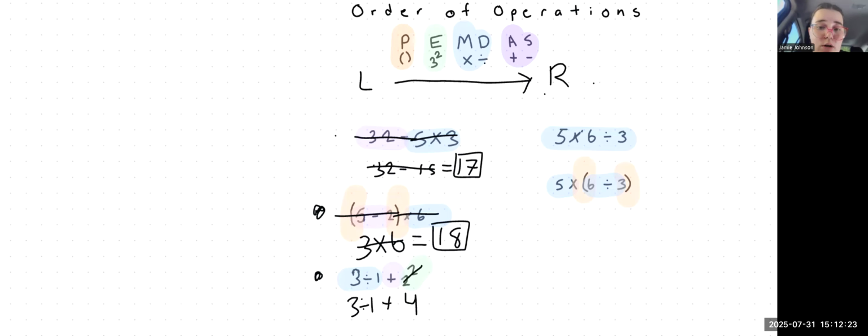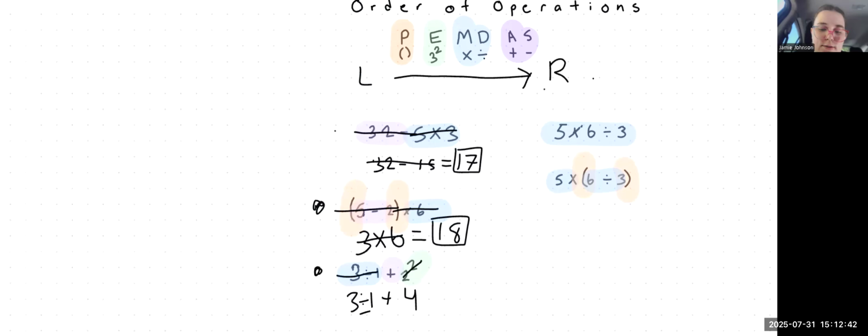So then I start all over again. And we don't have parentheses. We don't have exponents. We do have multiplication or division, which is this blue. So I'm going to do that. 3 divided by 1 is 3. So I can rewrite it as 3 plus 4 equals, right? And I'm going to check this order of operations one more time.